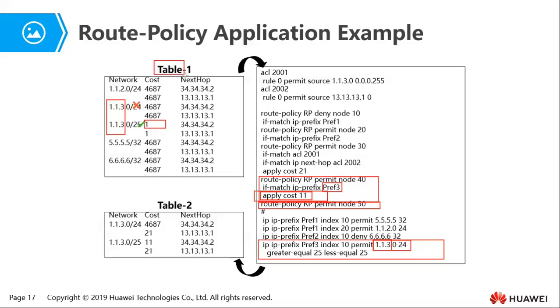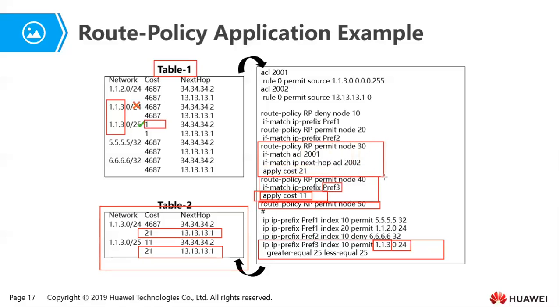So from this table and from how we've evaluated the route policy, that table is going to be reduced to this. So only these two networks are going to be learned, and for the next hop of 13.13.13.1, the cost has been changed to 21 by this route policy.